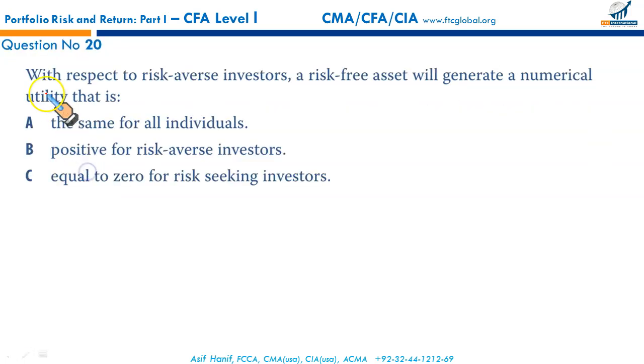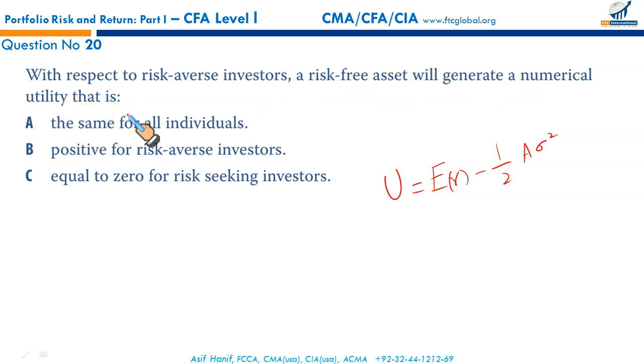With respect to risk-averse investors, a risk-free asset will generate a numerical utility that is... This is how we calculate utility: expected return minus 1/2 times risk aversion times the variance.